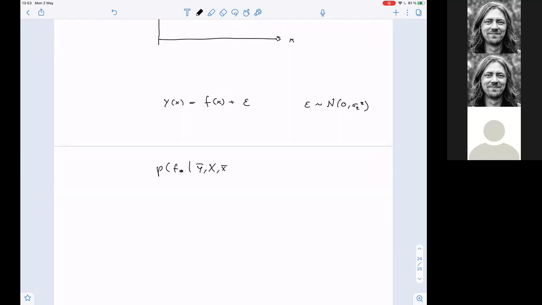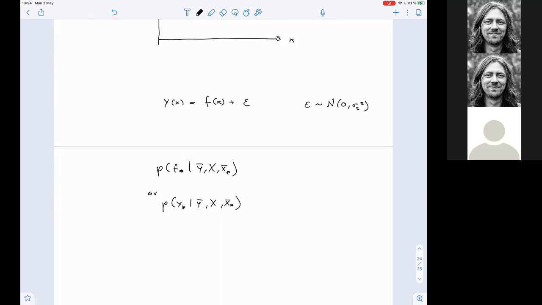So you need to keep in mind whether you're looking at this or you're looking at that. That's going to be y star. So the first one would be, here's my degree of belief for the true underlying function at the point x star, when all I have is noisy data.